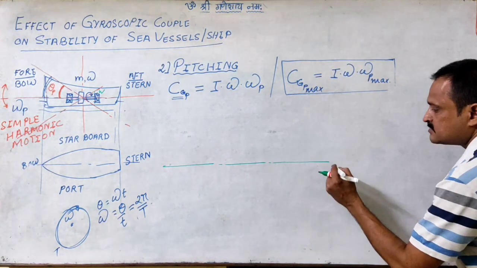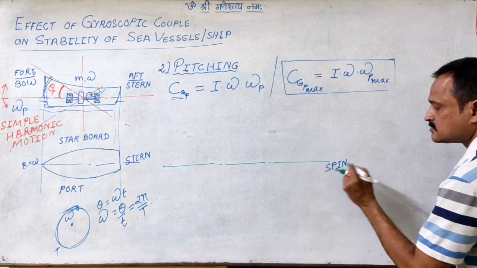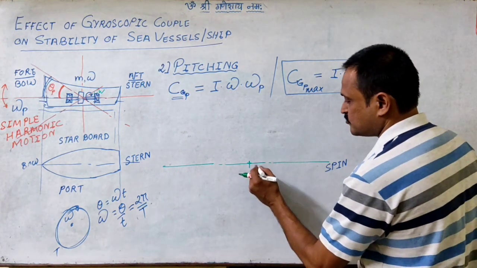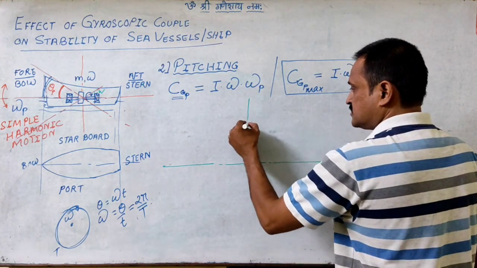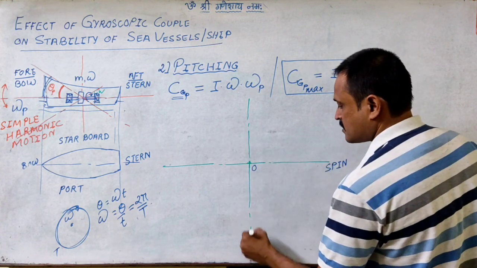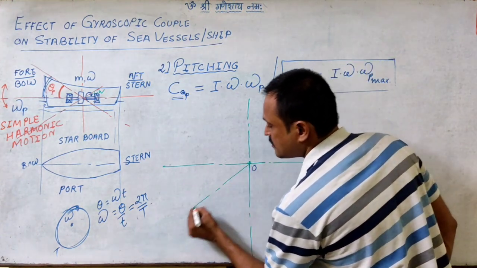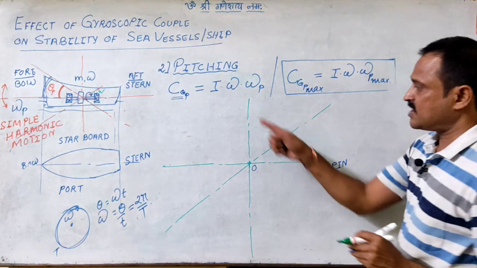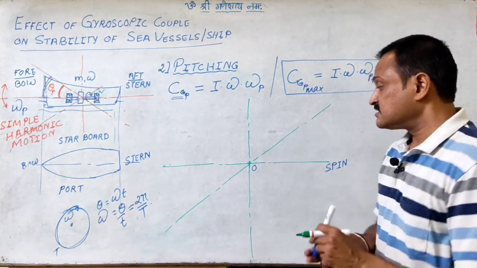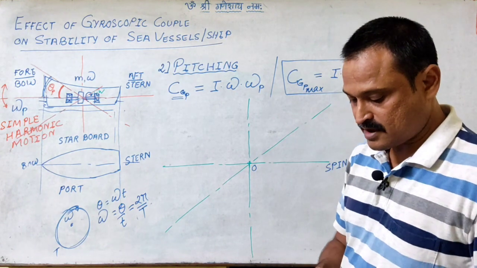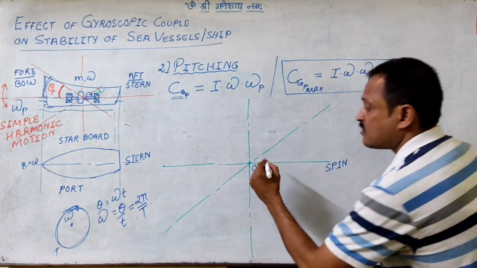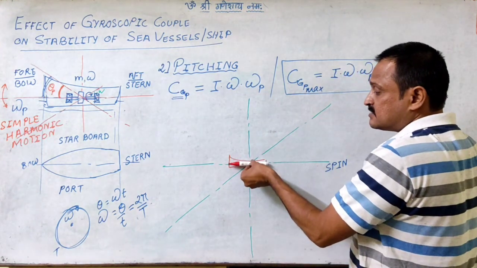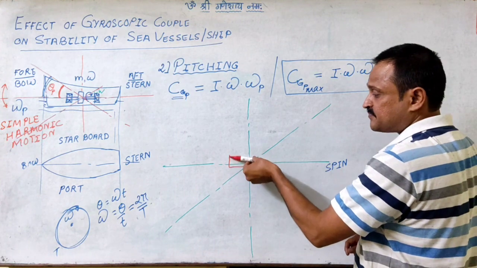So this is the spin axis. This is, let us say, the pole. This is the y-axis and this is the z-axis. Now this time our ship is this way, and the pitching is taking place this way.